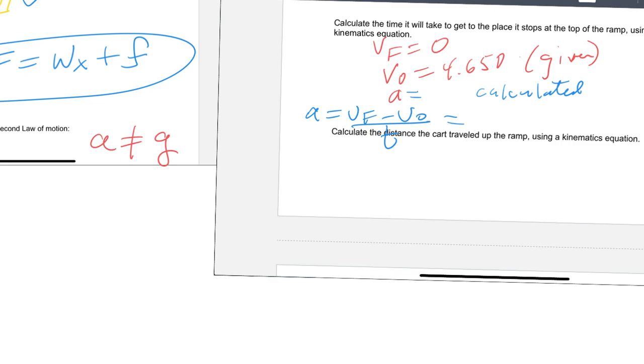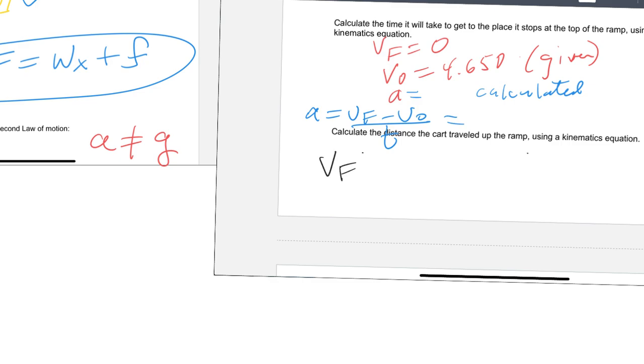And then to do the distance, delta x, let's see, let's try this one.